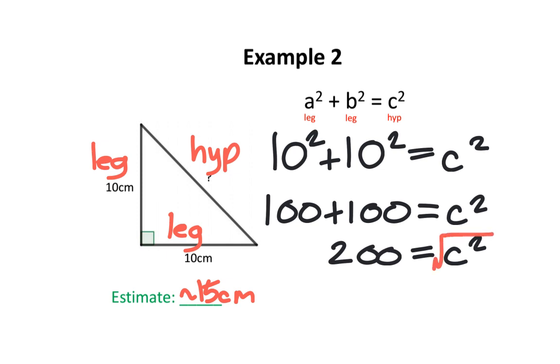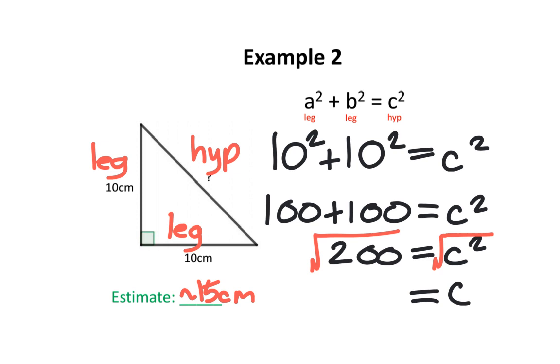There's a saying I like to say: what you do to one side, you must do to the other. So if I'm going to square root the right side of the equation, I'm going to have to put a square root on the left side of the equation over the 200. Since the square root and the exponent of 2 are opposites, they're going to cancel out, which means that c is going to be left all alone.